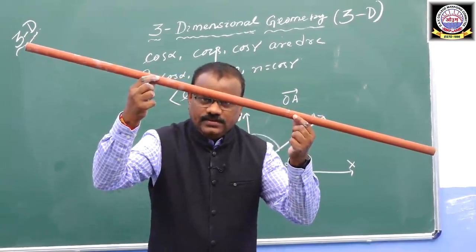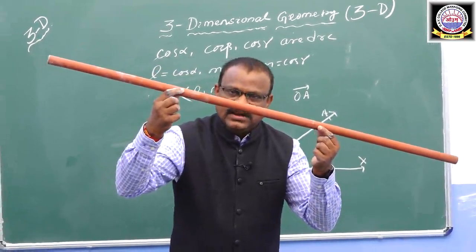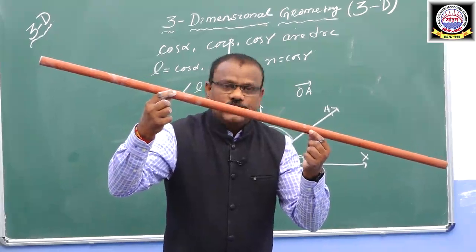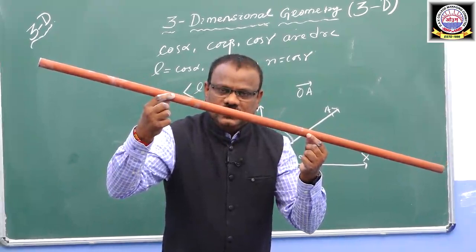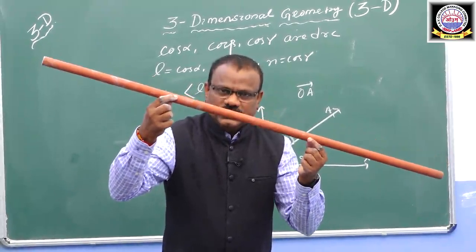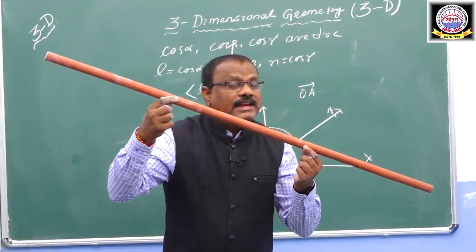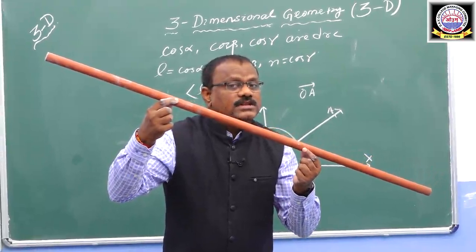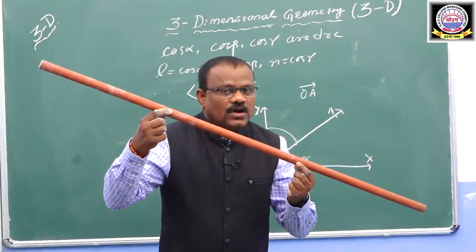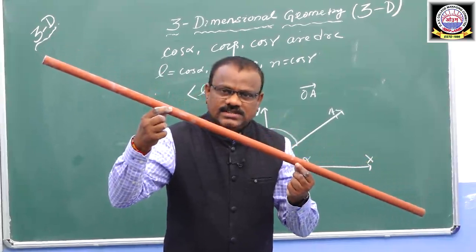Once again, I need a vector or a line in any one of the octants. Among the rest of the 7 octants, you must get one line or vector parallel to it that starts from the origin. So the angle made by that line, which starts from the origin and is parallel to this, must be the angle made by this line with the x axis, y axis and z axis.